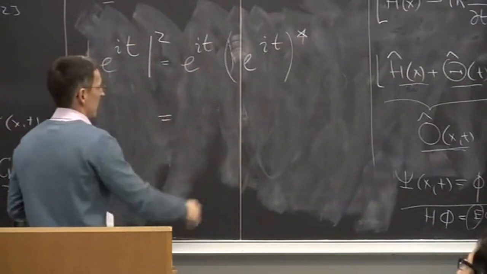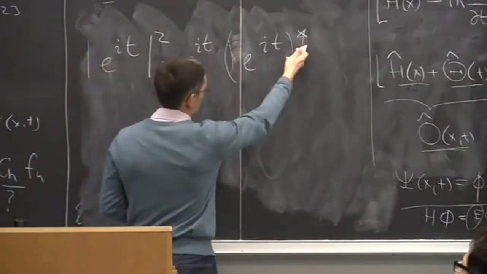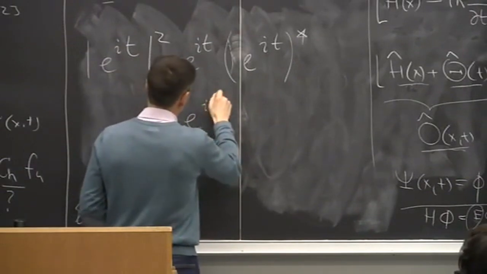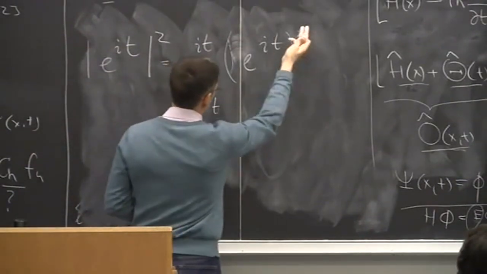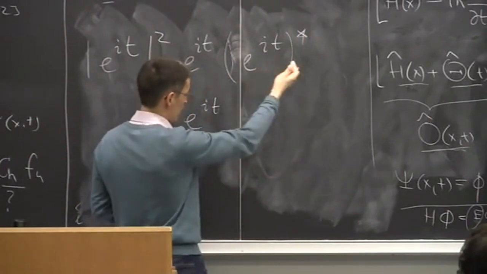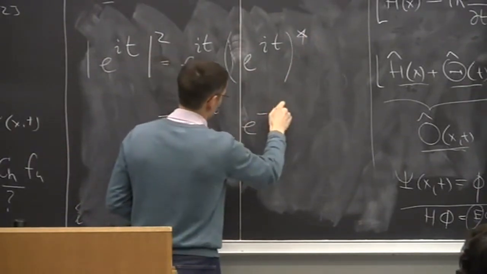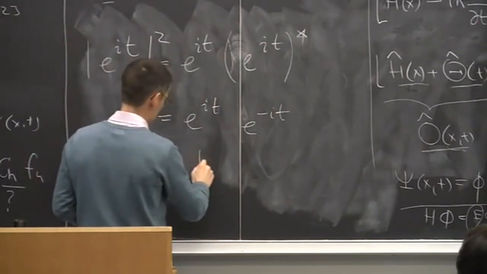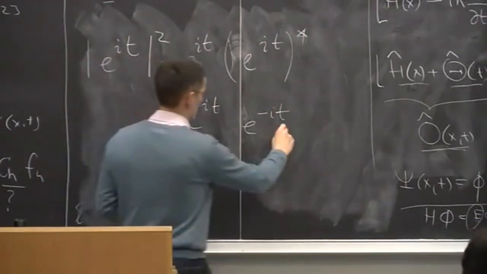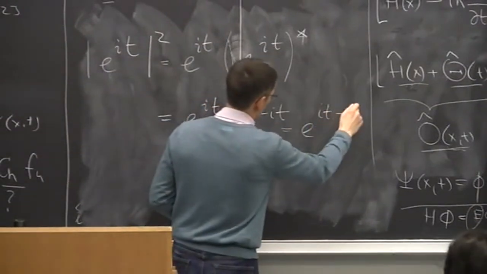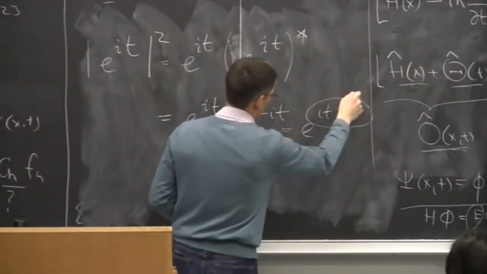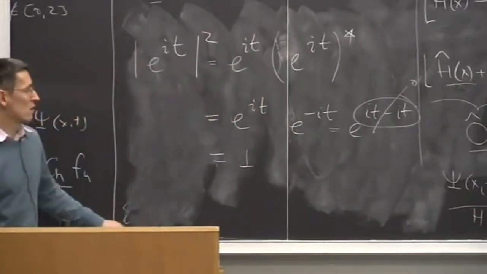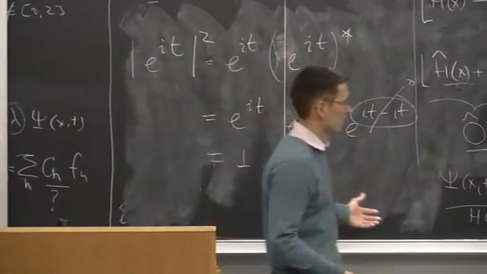And what happens to this when you star it? You get negative i, right? Whenever you need a star, you find i and change the sign in front of it. And then you get 1, because this is iωt minus iωt, which is 0. An exponent of 0 is 1, right? So that's the origin of that magic.